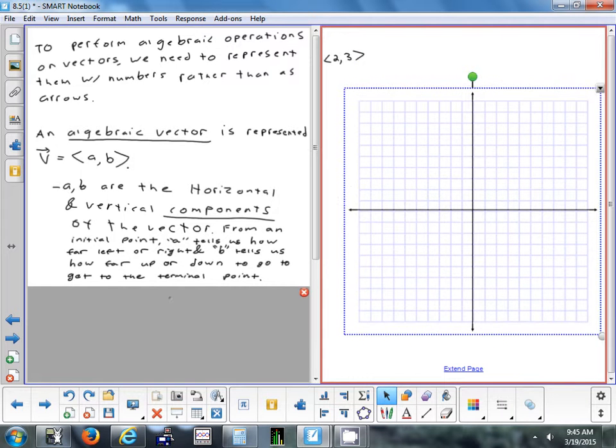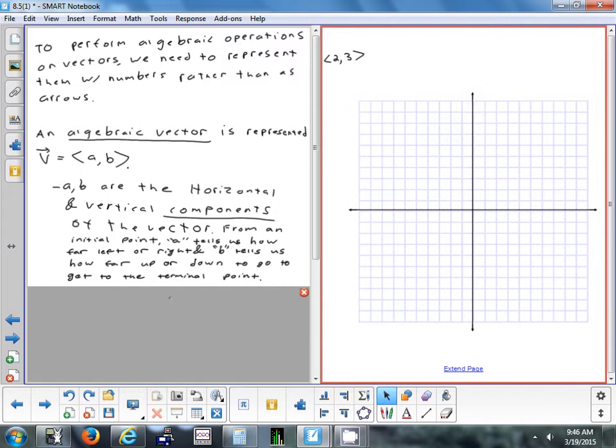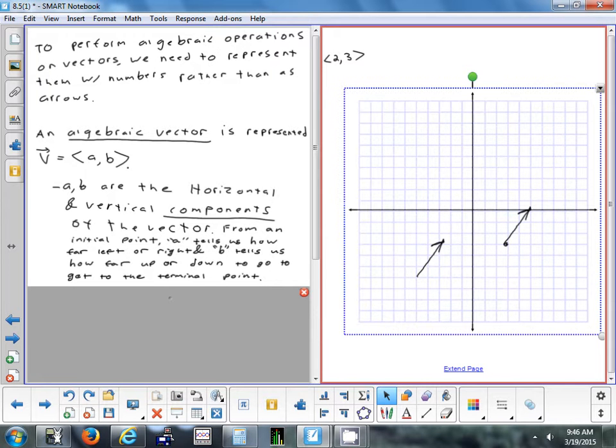But in this notation, not required. So if I just said to you, draw a vector [2, 3], you could start here, go 2 units right, and then 3 units up. Okay, that's the vector [2, 3]. This is also the vector [2, 3]. Put it over here. That vector goes 2 units right and 3 units up.